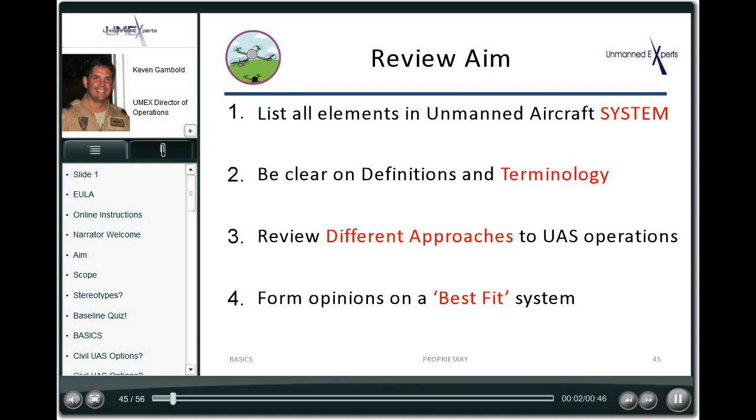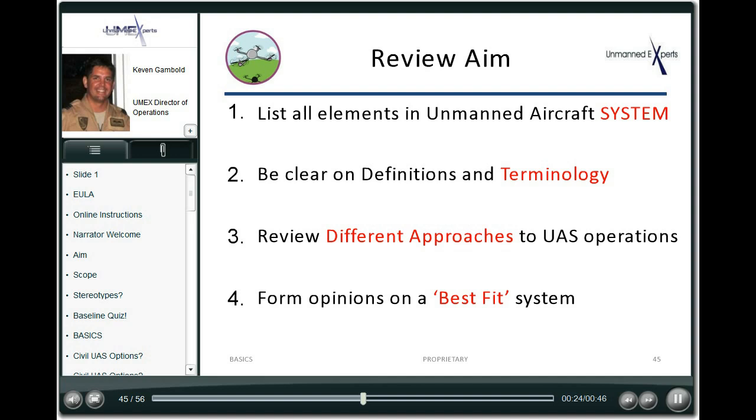Let's finally put a line under the UAS Basics module by reviewing the aim and making sure that we have obtained what we were hoping to do in the last hour or so. We can list all the elements, the definitions and the terms should now be clear, but we will come across more in the later courses and they'll be explained as we go through.